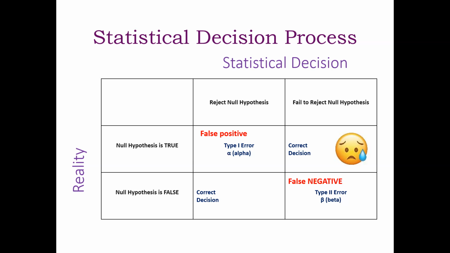This is the correct decision. Sad researcher, because we do not want to find evidence that we're wrong, but it happens quite a bit. Finally, we have the best case scenario, when we correctly reject a null hypothesis that is false. This happens when we have enough power to reject it. That's statistical power, which we're going to talk about.